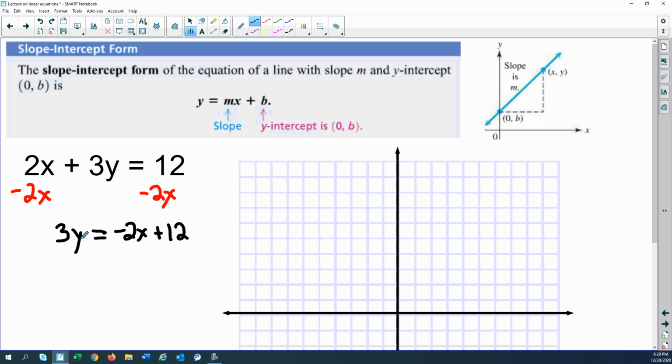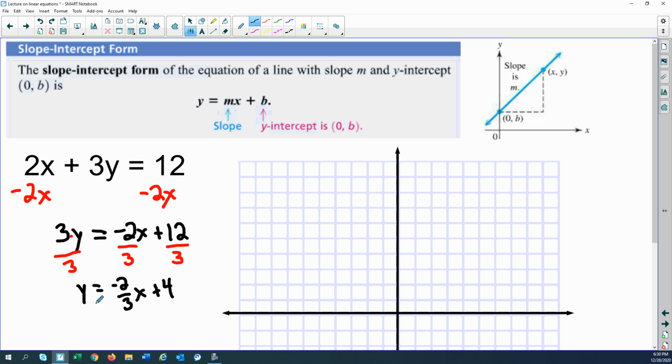Okay. So we're close. The last step is to move the 3 over. Again, it's being multiplied, so we have to divide it. And make sure you divide everything by 3. And that gives us y equals negative 2/3 x plus 4.